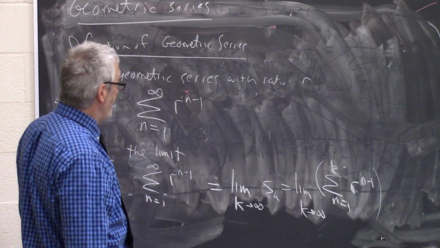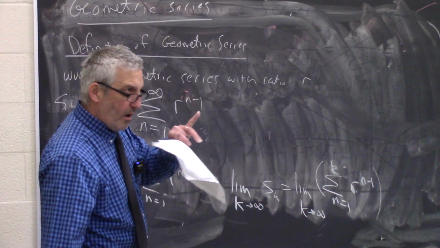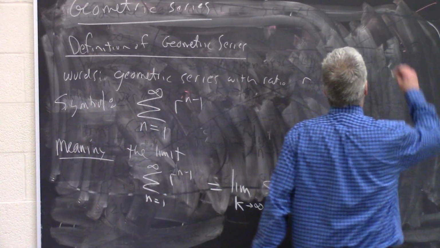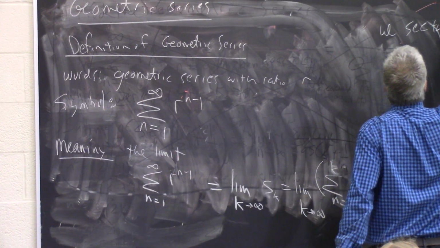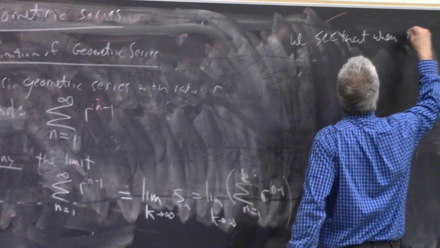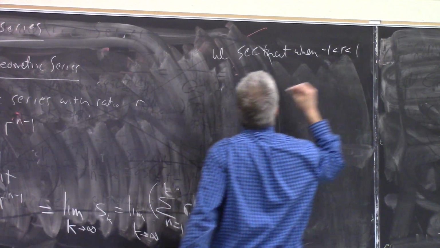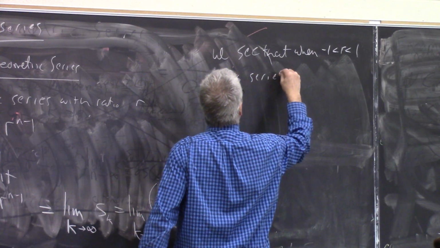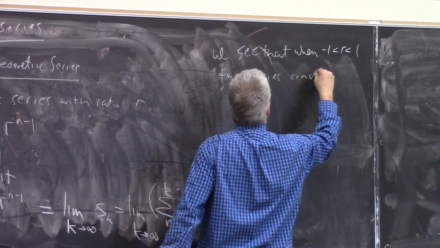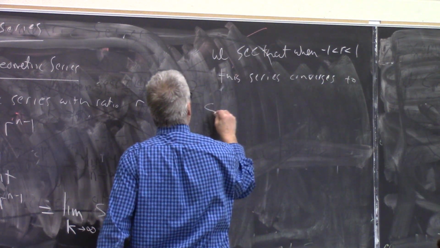So we've seen that this series converges when r is between -1 and 1. When r is between -1 and 1, this series converges to, well, this number that we can call s.